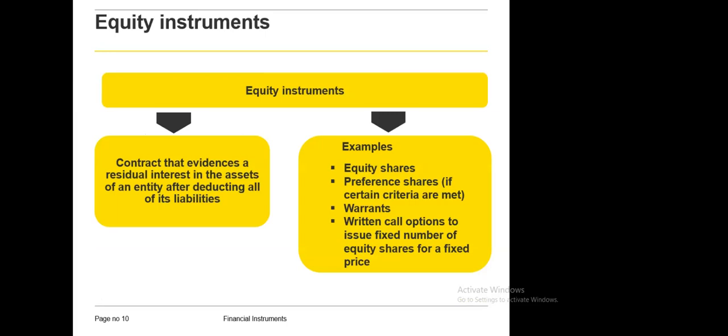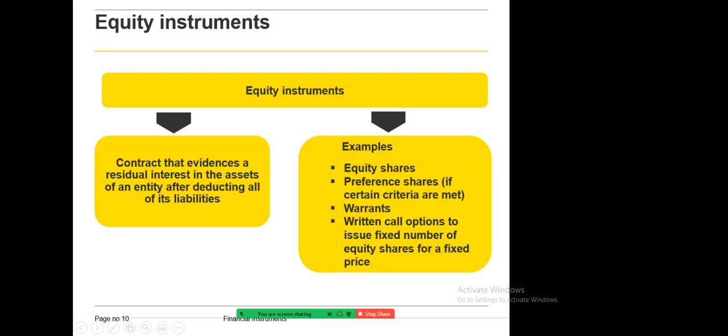Now coming on to what do we mean by equity instrument? Equity instrument is basically the instrument which gives you right towards the assets and the liabilities of the company, because that basically gives you right in the company. That is why your equity shareholders are called your residual stakeholders. So equity instruments are contracts that evidence a residual interest in the assets of an entity after deducting all the liabilities.